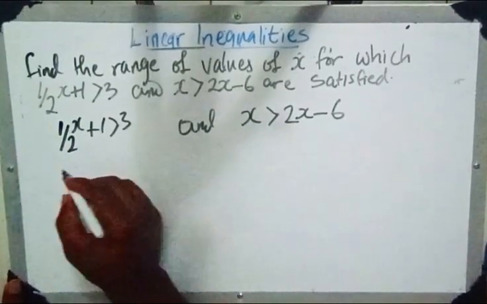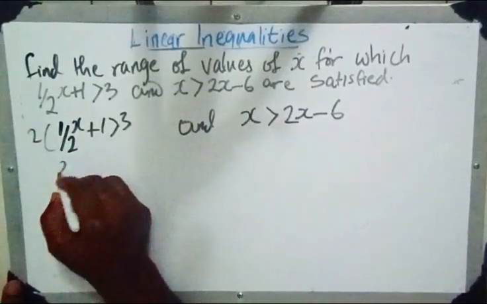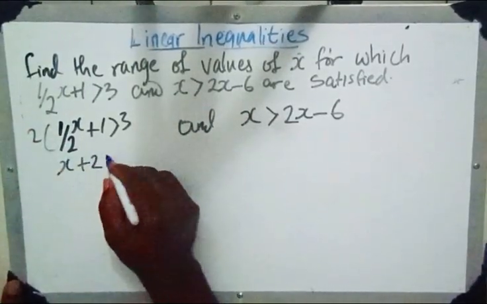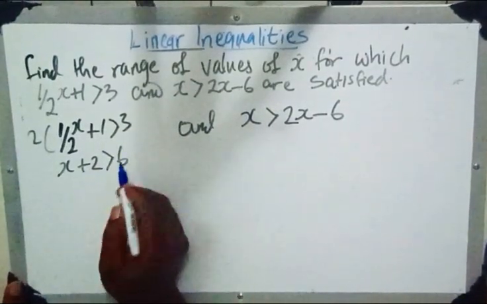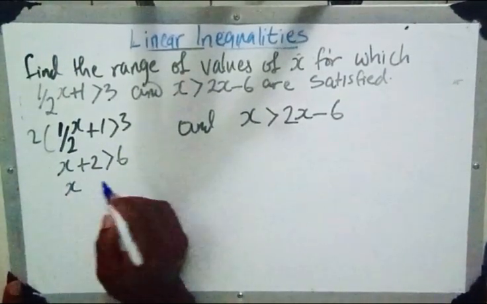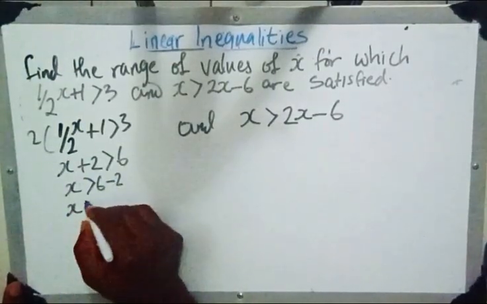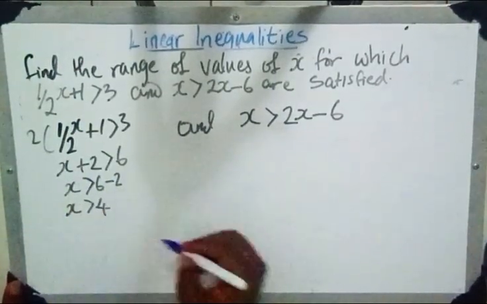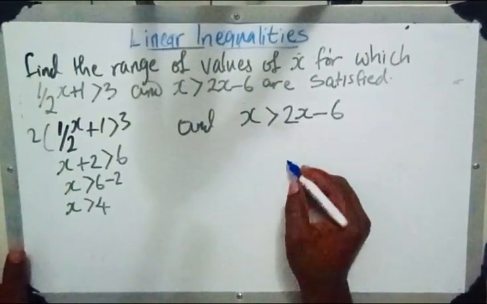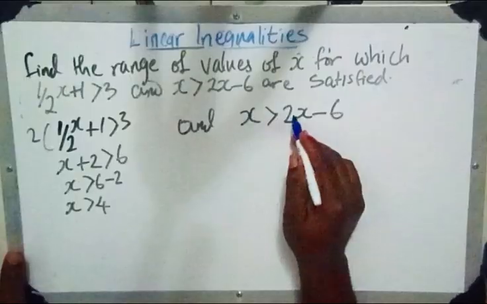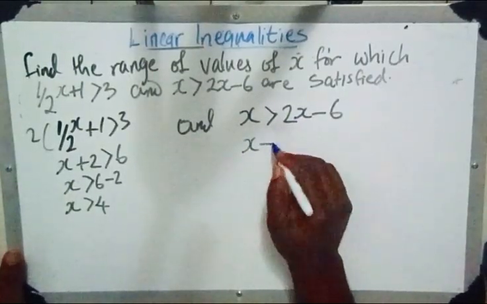If I multiply through by 2, that's going to be x plus 2 greater than 6. And then if plus 2 goes over, it becomes x greater than 6 minus 2, so x is greater than 4.